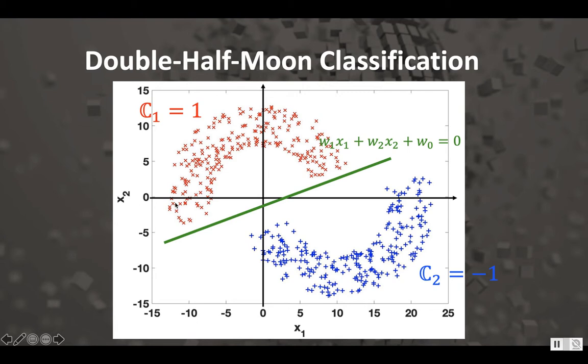In this two-dimensional plane, it's easy to define a line. It can be w1 x1 plus w2 x2 plus w0 equals 0. If we put x2 on the left side, then w1 over w2 will be the slope, and minus w0 over w2 is the intercept.